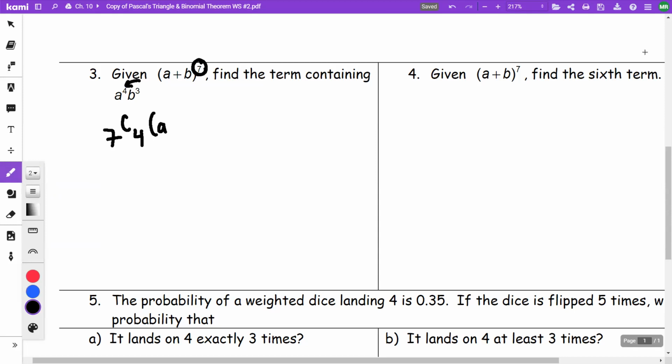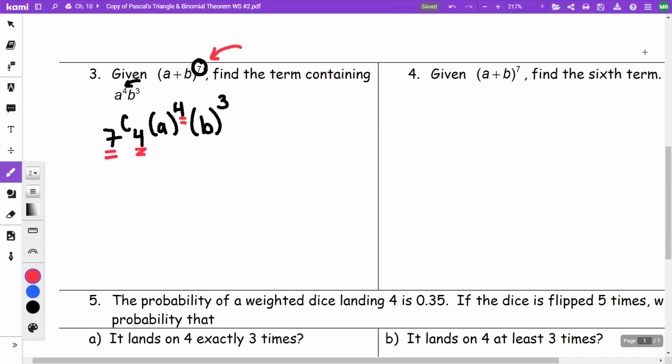So that would have been a to the fourth, and then b would be to the power 3. Again, the 7 here comes from this being raised to the power 7. Since my a is to the fourth, this is also to the fourth.